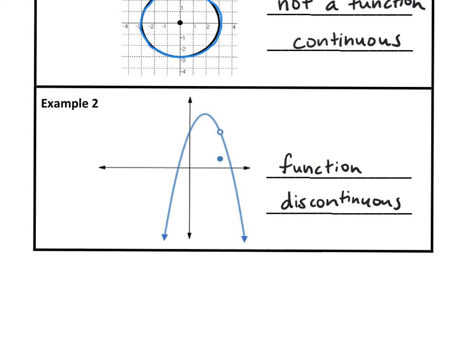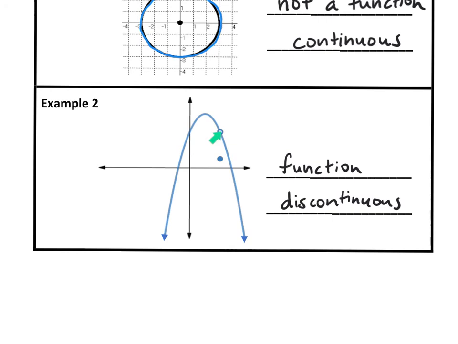Doesn't that make it continuous? Well, this dot helps the graph be a function, but it doesn't fix the discontinuity, because in order to fix it, it needs to be covering that hole.